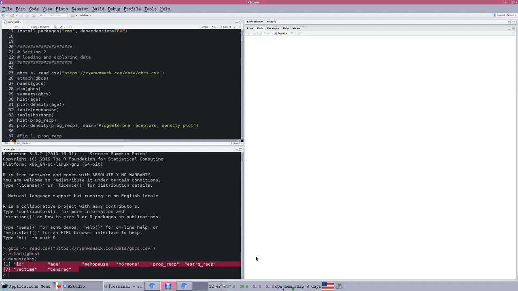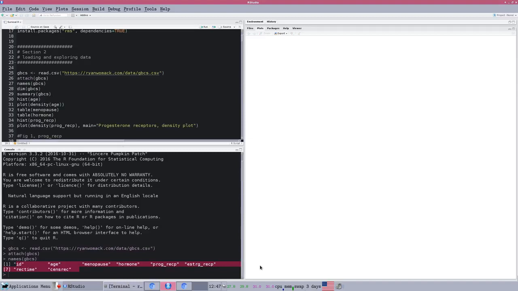We can see there's just a few variables. There's an ID variable. There's age. These are human subjects, women who've had breast cancer, and the question for the study was, they've been treated for breast cancer, so what influences the recurrence of breast cancer?